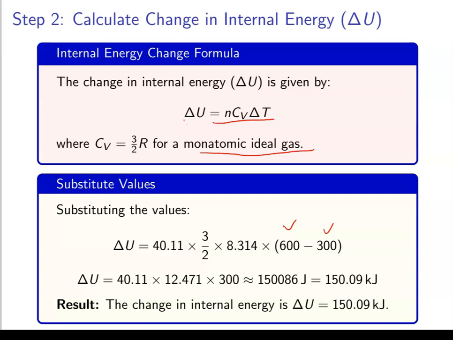So del U is 150086 joule, that is 150.09 kilojoule. So here we got the internal energy change.